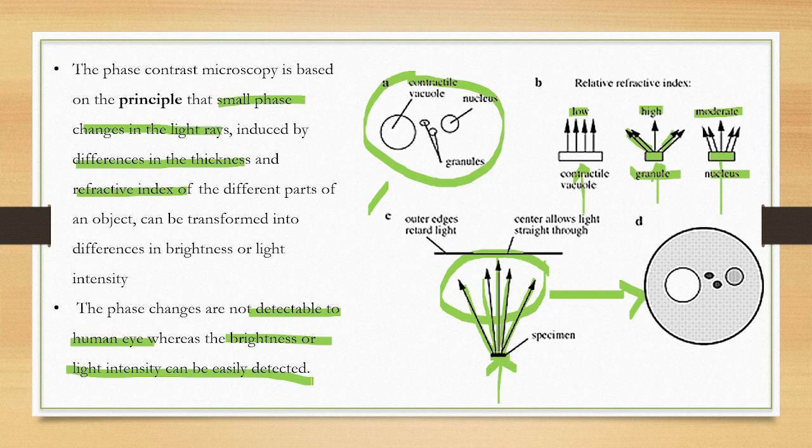In the phase contrast microscope, these phase changes in the light rays are converted into brightness, the intensity. Now you can observe the cell like this: light colored contractile vacuoles, dark regions of granules, and a moderately dark region of the nucleus. So this is the object.